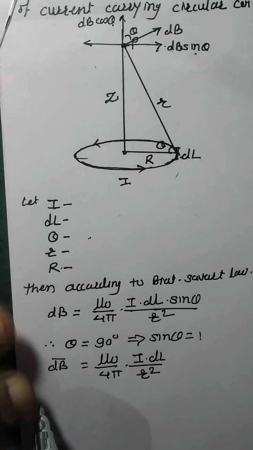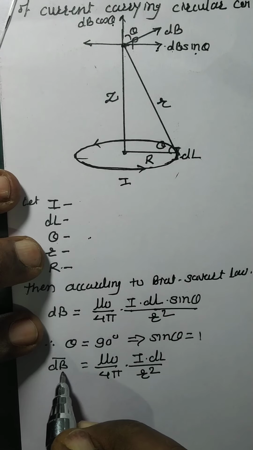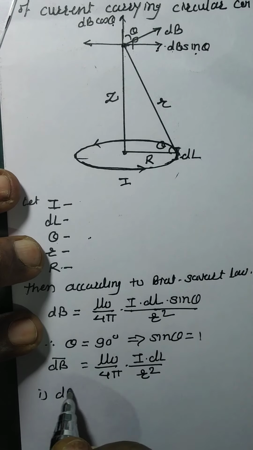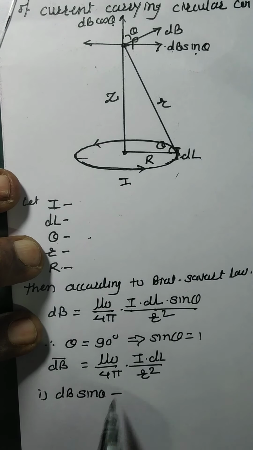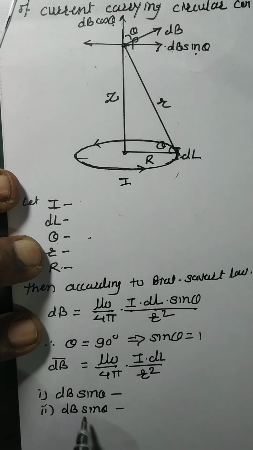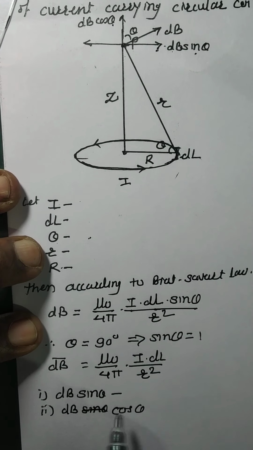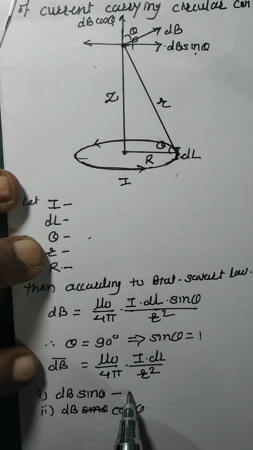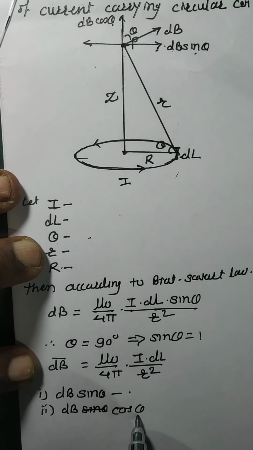Therefore this magnetic induction can be resolved into two components: dB sin theta, the horizontal component, which cancels out, and dB cos theta, the vertical component, which adds up.